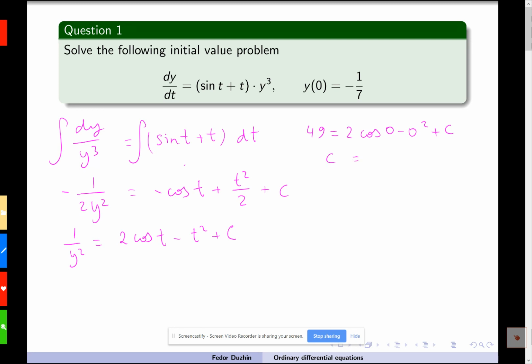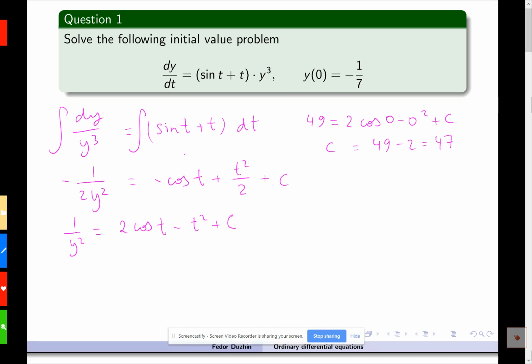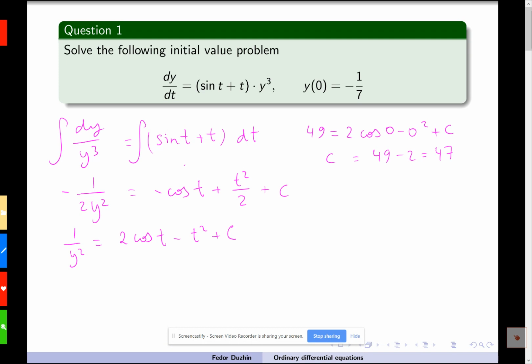So my constant is going to be equal to what? 49. Cosine 0 is 1, so minus 2, which is 47. All right, so I'm just going to write plus 47 here.